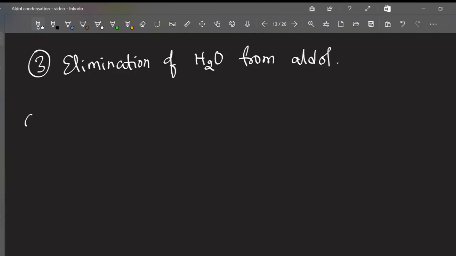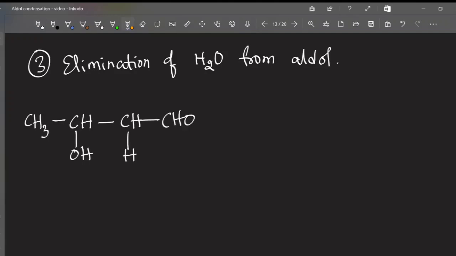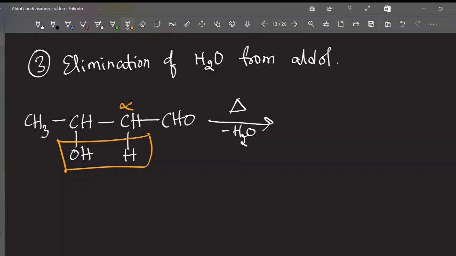Let us take that here, that is CH3, CH, OH, and again we have CH. Hope it is clear. And now, when we are heating this, a water molecule eliminates. How does it happen? Always take out hydrogen from the alpha carbon only, so that we are going to get crotonaldehyde.